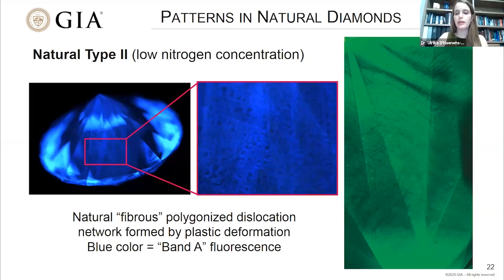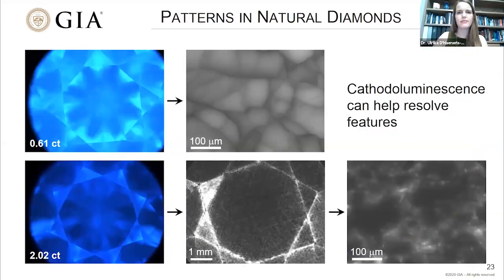So these are very natural patterns that we have been observing in the last few slides. Try to keep those in mind when we start looking at man-made diamonds. If we were to look at those patterns again under higher magnification using cathodoluminescence, where we're using an electron beam to excite the defects instead, we can see that some stones that appear to have no clear patterns under magnification are showing these very nice polygonized dislocation patterns.